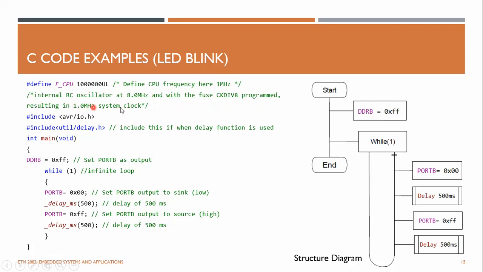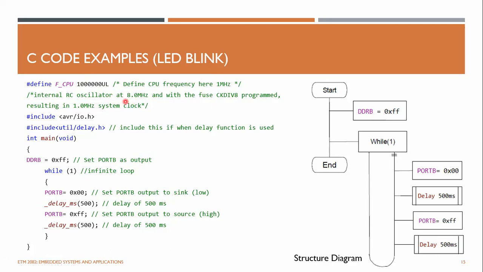I just copied this part from the datasheet, and you can find where this is written in the datasheet. So I'm using the internal 8 megahertz oscillator, but since this bit is programmed by default when I buy from the market, the resulting frequency is 1 megahertz. That is why my system frequency is 1 megahertz rather than 8 megahertz.